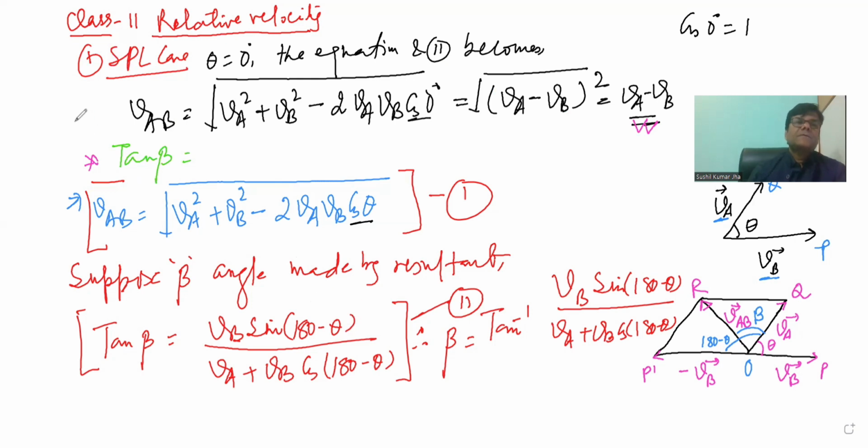Better we take now the second case as this. When the angle between them, they are going on parallel track in opposite direction, means theta is 180 and cos 180, we know, is minus 1.